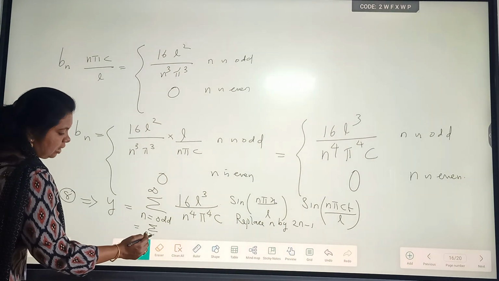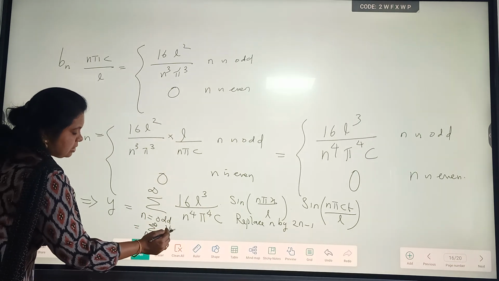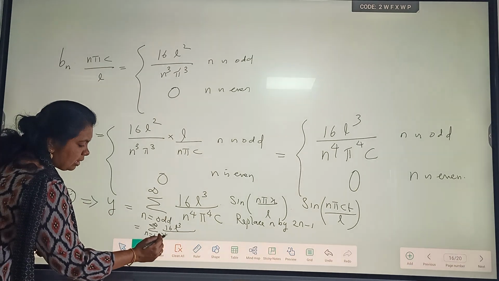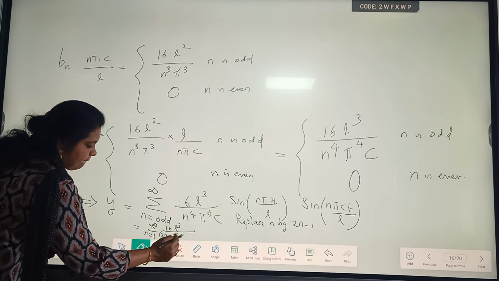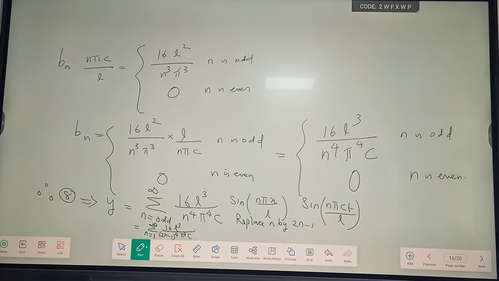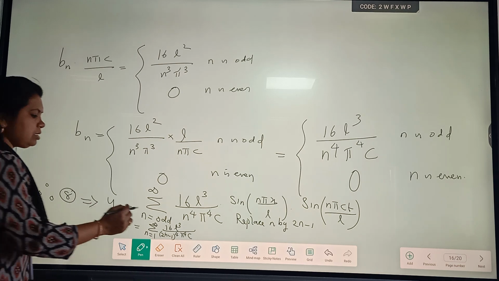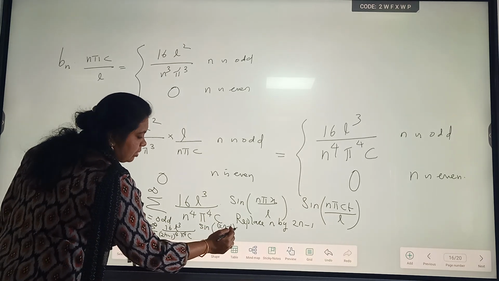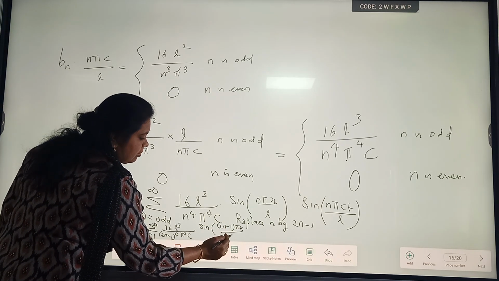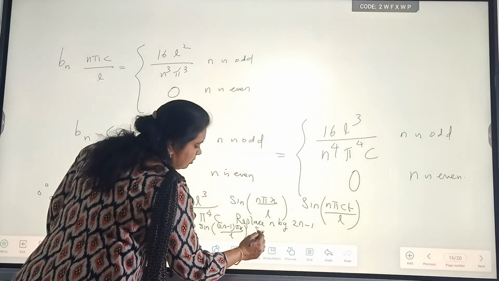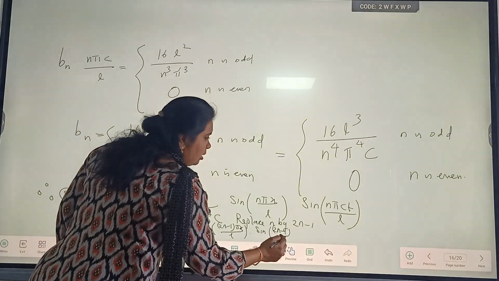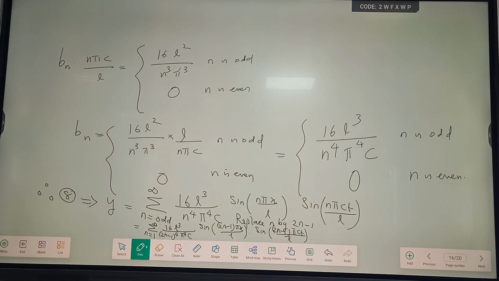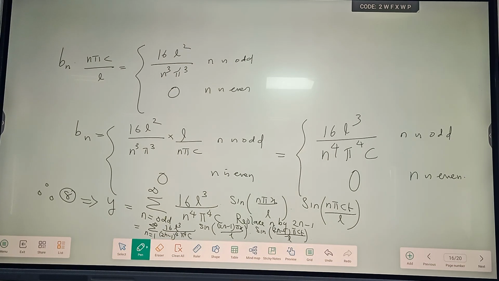Summation n equal to 1 to infinity, 16 L cube divided by, instead of n replace 2n minus 1, so you get sin of 2n minus 1 pi x by L into sin of 2n minus 1 pi ct by L. So this is the solution for our problem.